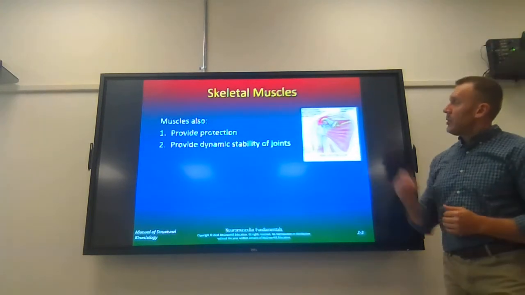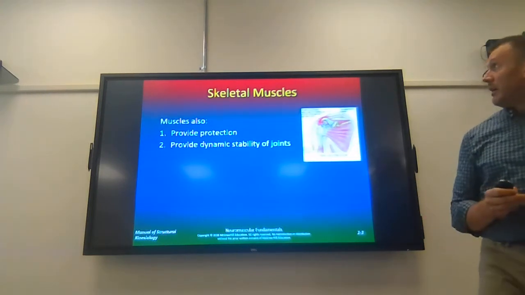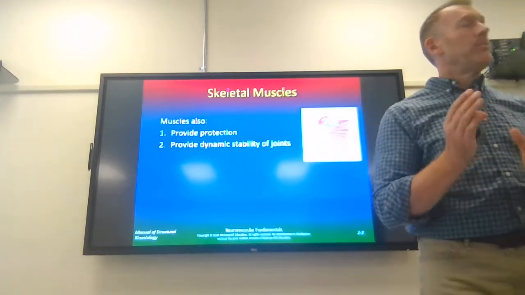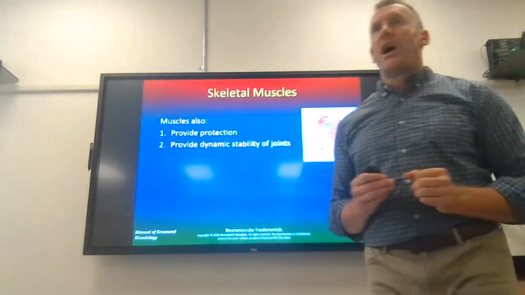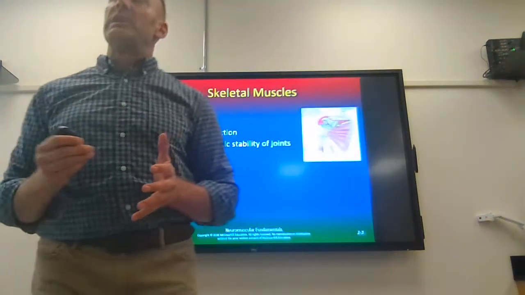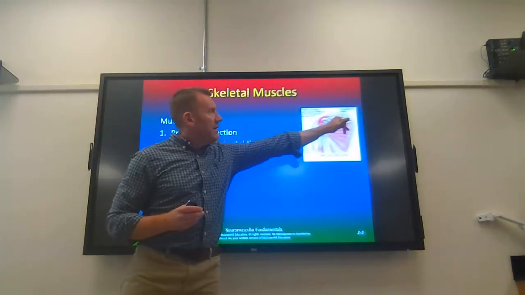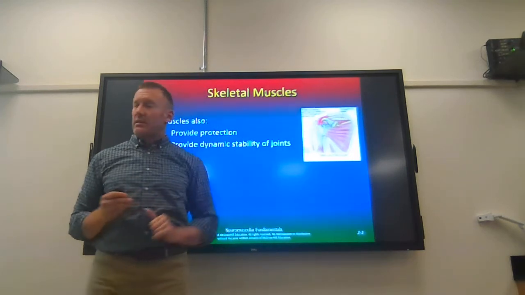So we can see the rotator cuff tendon here. It's collectively made up of 4 muscles, and most commonly, in cases of impingement syndrome, it involves the tendon of the supraspinatus.